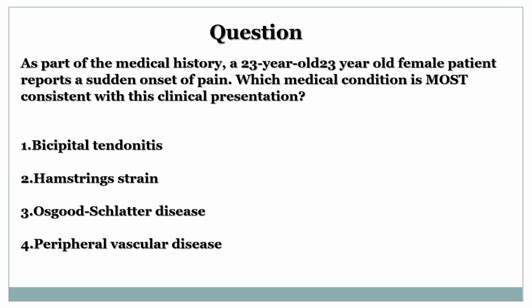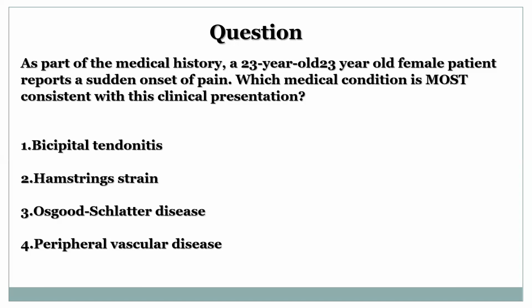What makes pain worse? Pain is worse with overhead activities or with lifting. Okay, and pain tends to come on gradually over time. So this is a pattern and can be heavily influenced by activity. Do you think that this is a correct answer? I don't think so. From the description of this question, sudden onset of pain, I don't think this is a correct answer, but we will know.